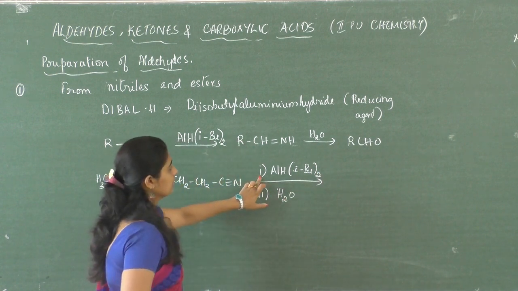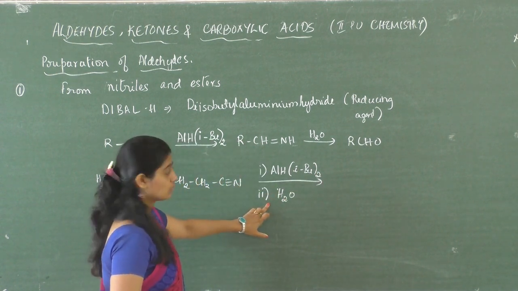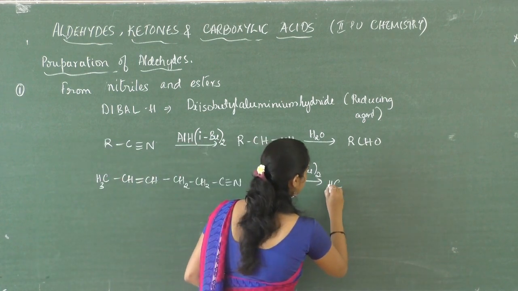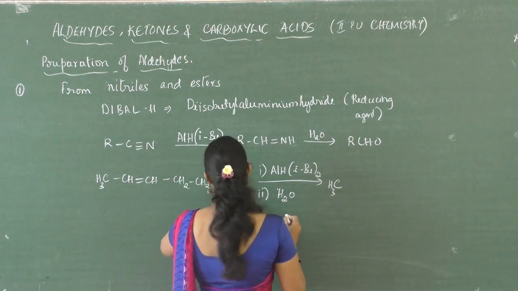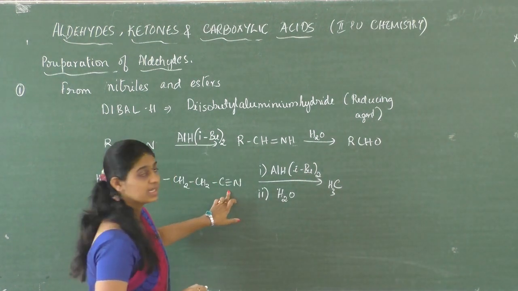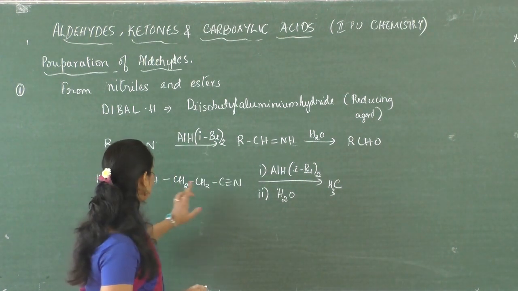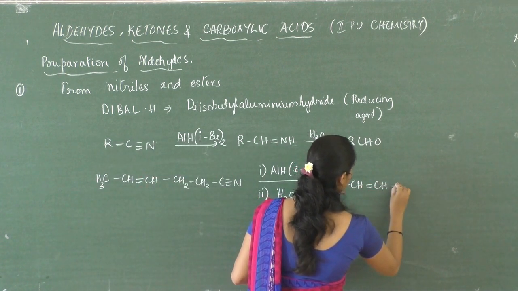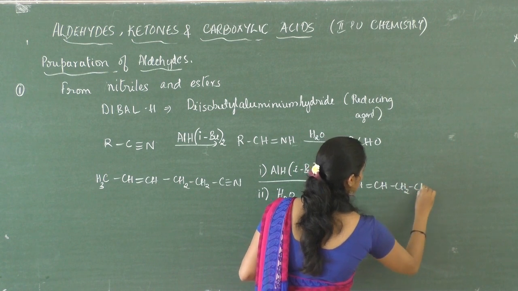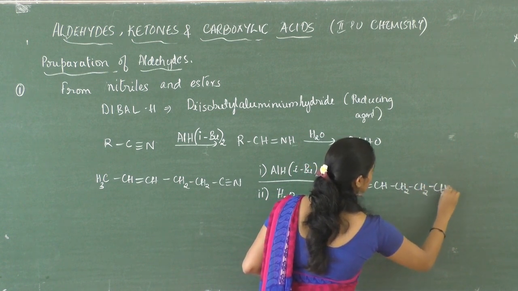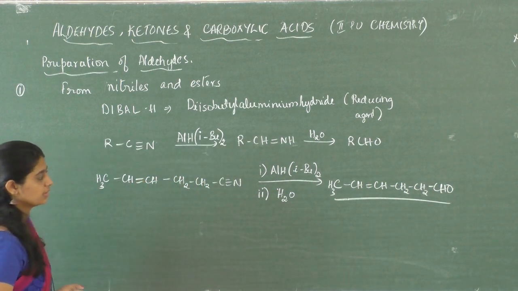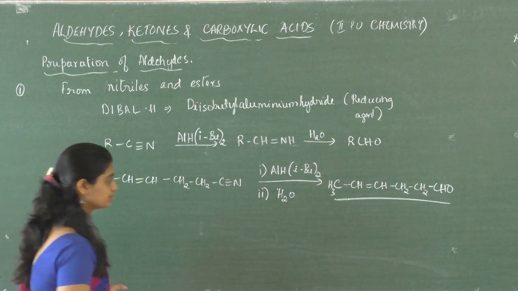First is with the reducing agent, and then on hydrolysis this forms CH3, and the rest will be as such, and this group gets converted to CHO group. So the corresponding aldehyde is obtained.